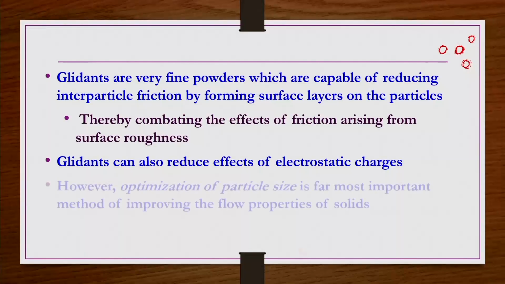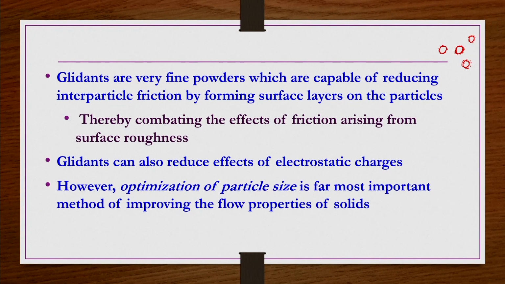You cannot go from very fine particles of some microns or nano size to, when you do the enlargement, 1 or 2 centimeter particles, big lumps. That should not be the case. It should be a controlled process. So optimization of particle size is by far the most important method of improving the flow properties of solids rather than using glidants, because of the reasons I mentioned.